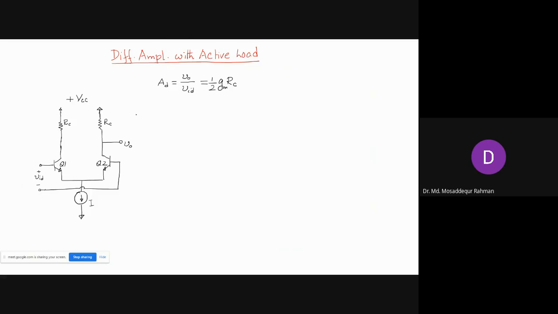Okay, so now this is the gain of the differential amplifier with RC, the passive load. It will have all the limitations of a passive load. We cannot achieve very high gain, and with the increase in gain there will be an increase in power losses, and you will need a higher power supply. So we want to replace these RCs with an active load.